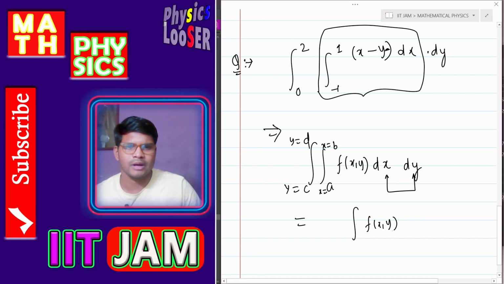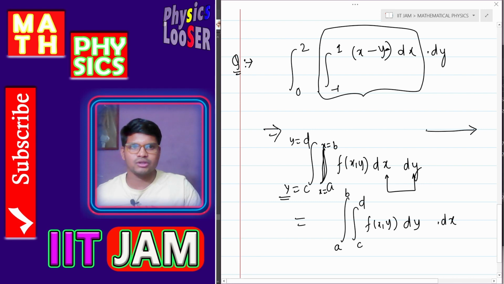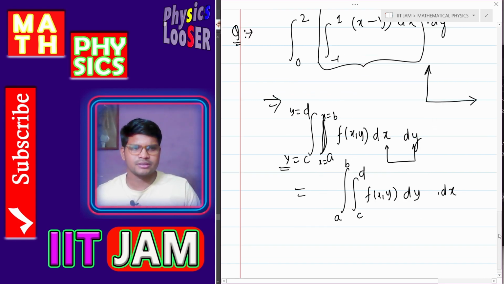Okay, so this was my bad. f of x comma y, now I am exchanging this one, so this will follow these limits, therefore it has to be c comma d, and over here you got dx, which is going to follow these two limits. So when you are exchanging these things, depending on the limits that you have, although they are constants, since you are integrating, you are following that path, understood? So you are integrating this in the x direction, and then you are integrating in the y direction. So whenever you exchange those positions, you have to shift those limits as well, isn't it?